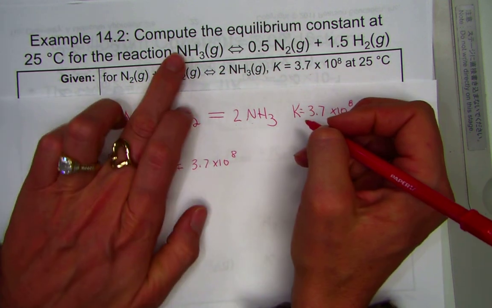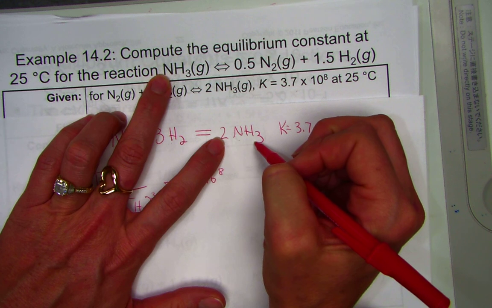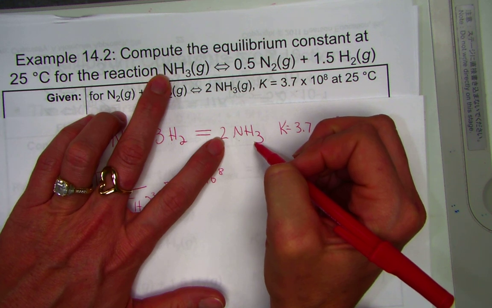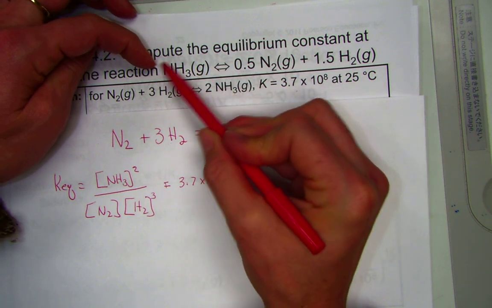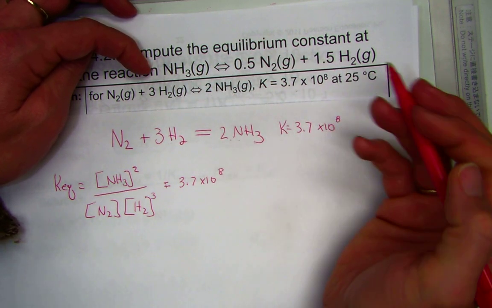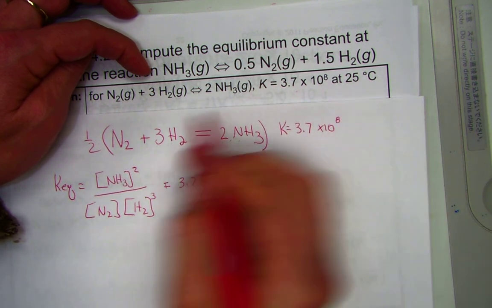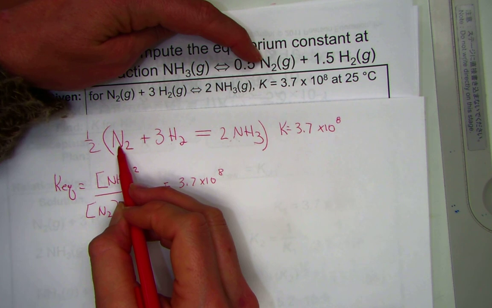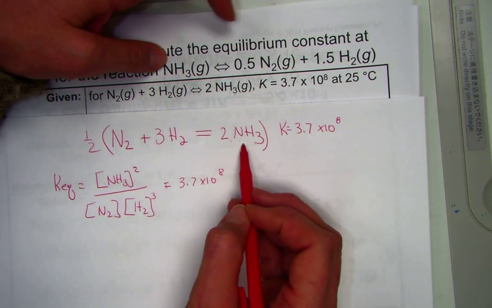Well, if the target is ammonia on the left side, the original equation has to be flipped. Also, if the original equation, our target here, has 1 in front of the ammonia, I'm going to have to distribute a 1/2. And if I take 1/2 of this target, I get 1/2 of nitrogen, 1.5 hydrogens, and 1 unit of ammonia.